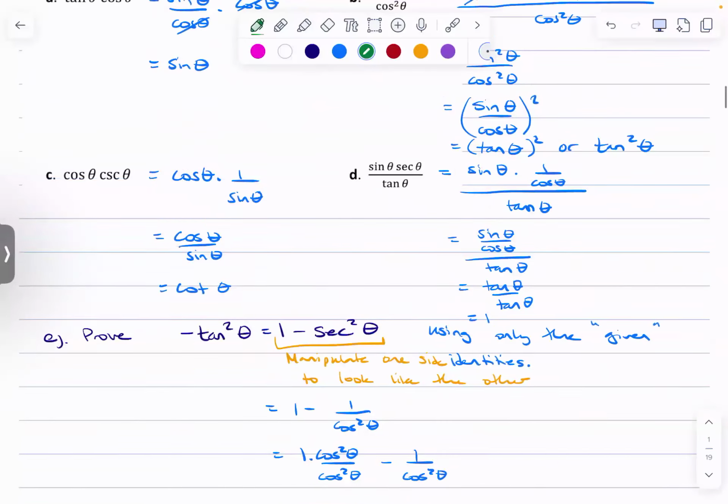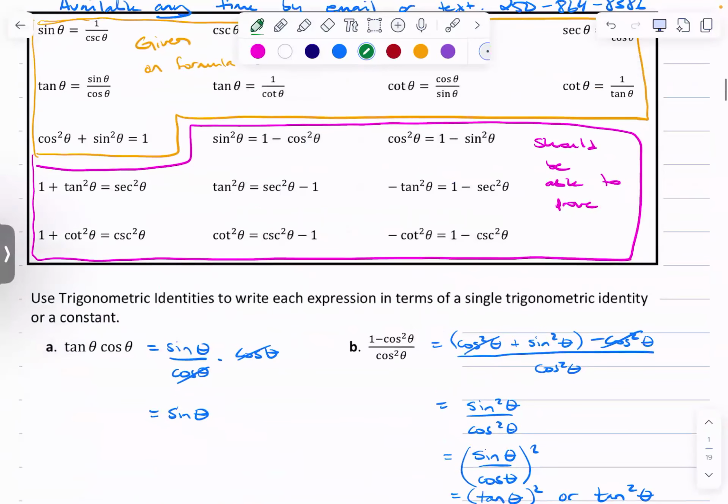Like I said, I will make you prove one of these, I don't know how many, 1, 2, 3, 4, 5, 6, 7, 8 identities on the final exam, but it will be one of these. So we just did the one, and then there's another one on your practice.